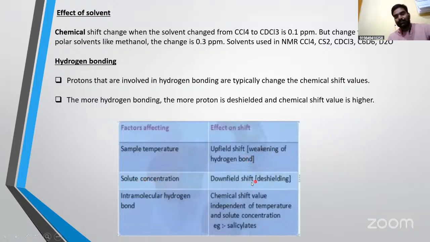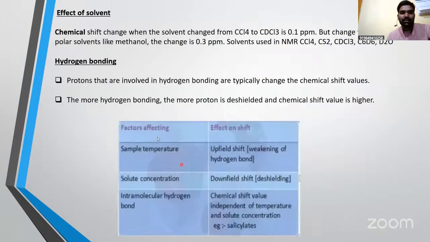Solute concentration: a downfield shift, or deshielding, occurs. Intramolecular hydrogen bond also affects the chemical shift value, independent of temperature and solute concentration. Examples are the salicylates.